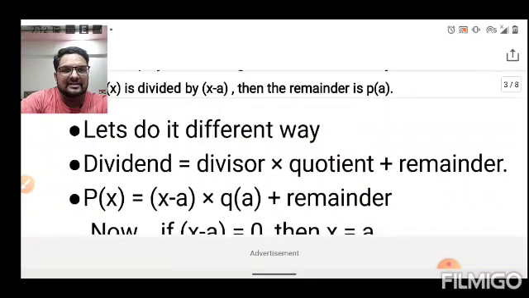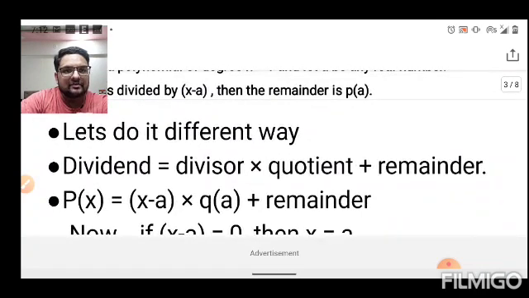As we know, there is a formula: dividend equals divisor into quotient plus remainder. This we have already studied in the lower classes. So here the dividend is p of x, which is going to be divided by x minus a. On doing so, we get some quotient and remainder.